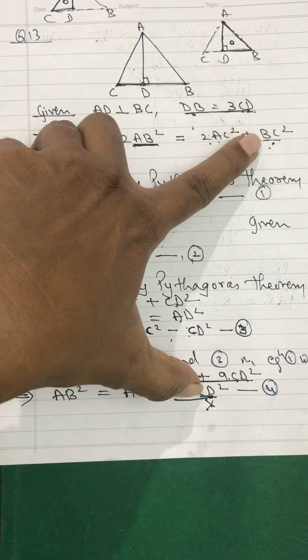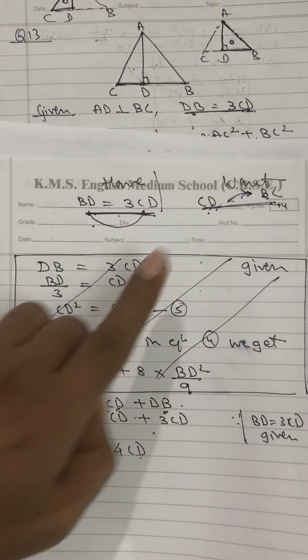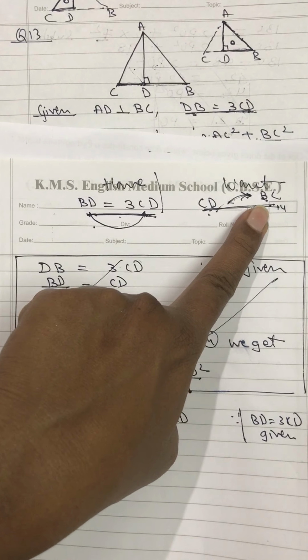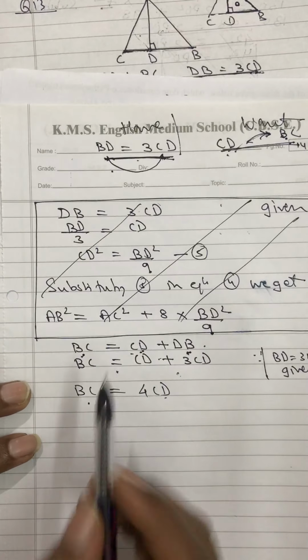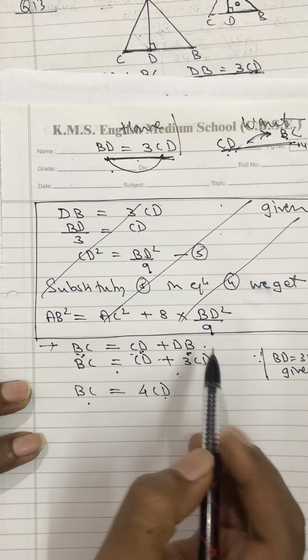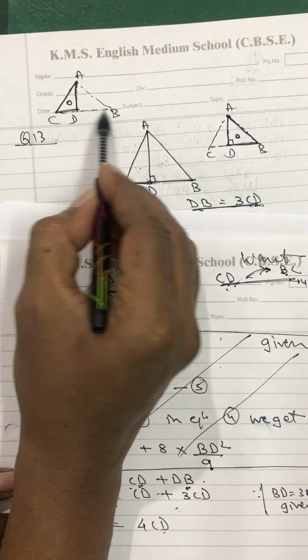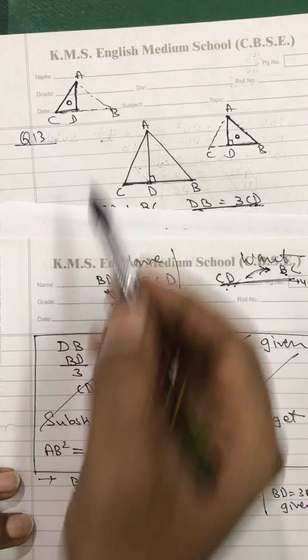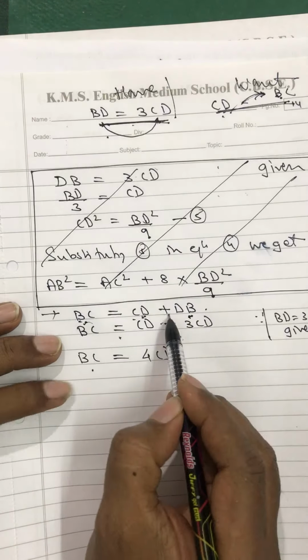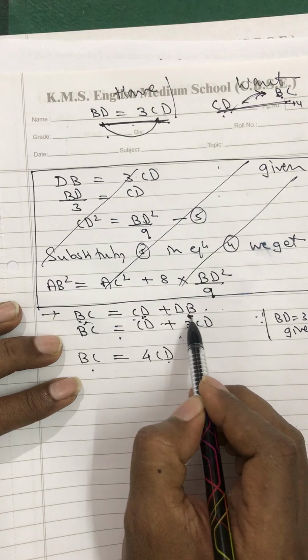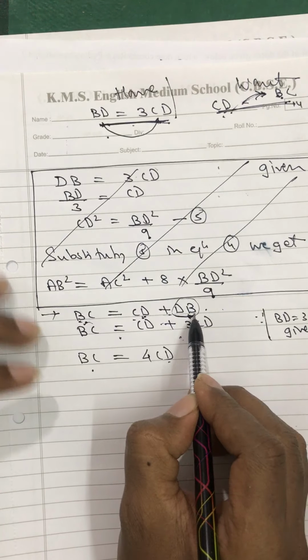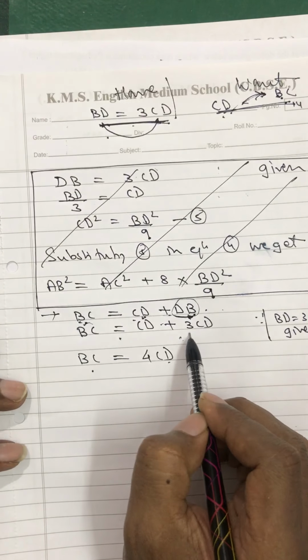So in place of CD, I want BC, whereas they have given BD and CD. So first I do collinear points. BC is equal to CD plus DB. Here again I track what I don't want. I don't want BD. So in place of BD, I will put the value of BD, 3CD.